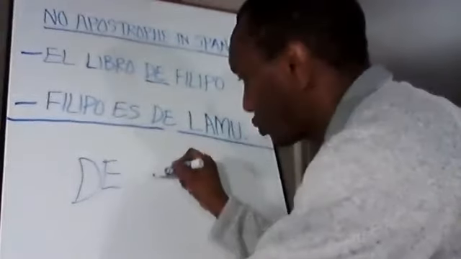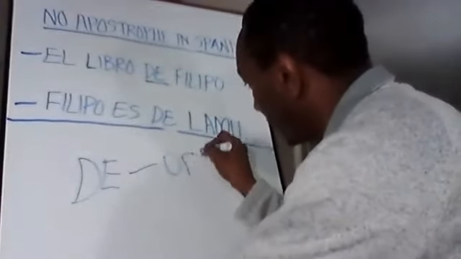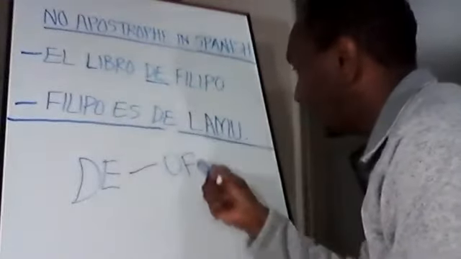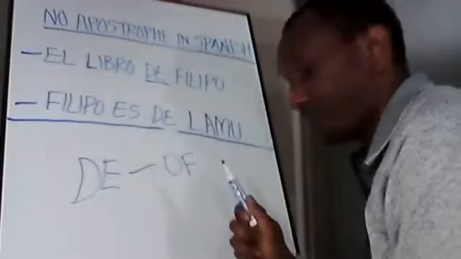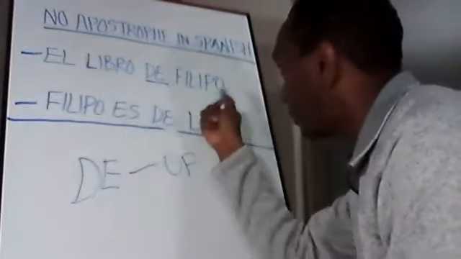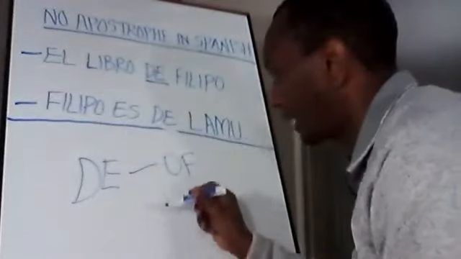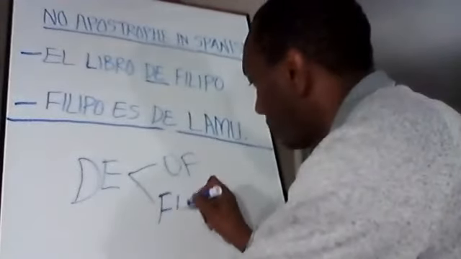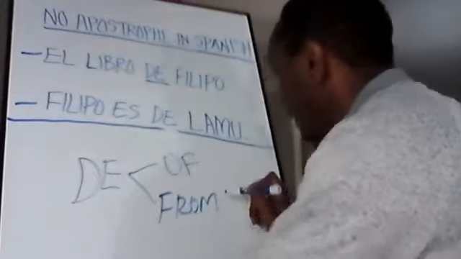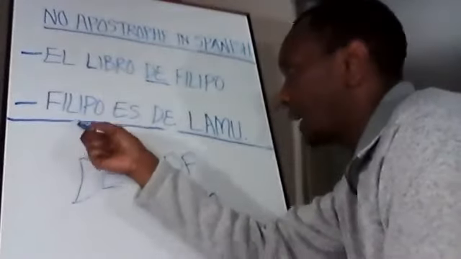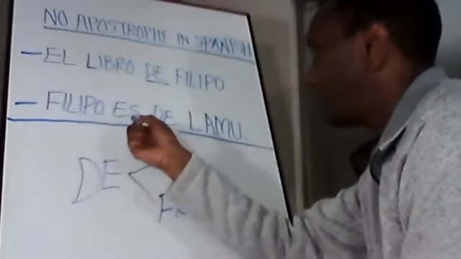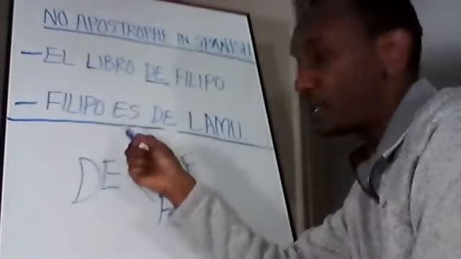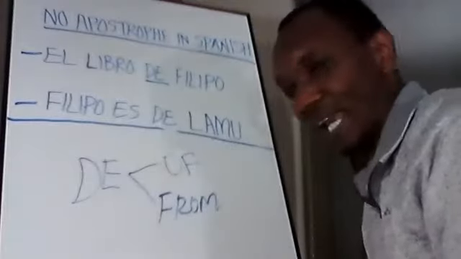It can be applied to mean of, like belonging to, like in the first example, el libro de Filipo, the book of Filipo, or Filipo's book. And the second use of the preposition de is to mean from, showing origin. And that's the subject of our second sentence there. Filipo es de Lamu. Filipo is from Lamu.